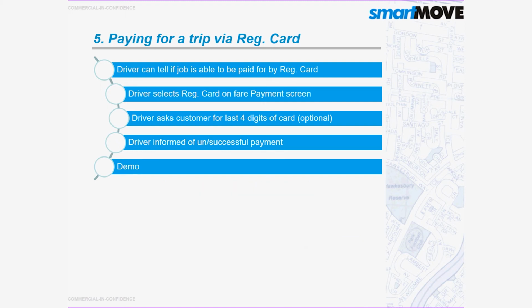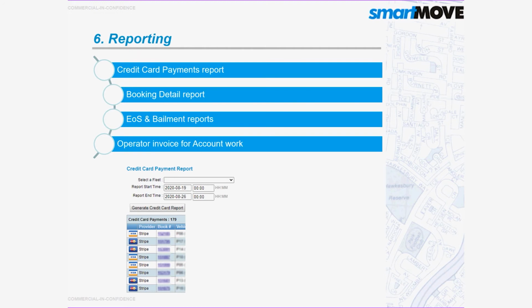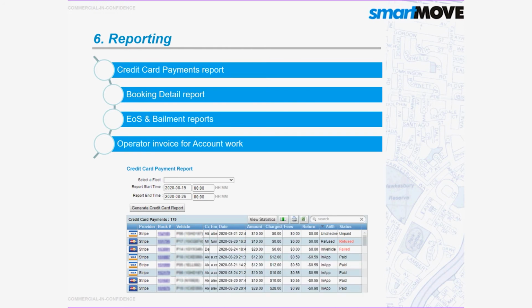What I've demonstrated in the previous slides were 2 methods that your customers are able to pay for a trip using a credit card. Now we'll briefly talk about what Stripe-related reporting is available to you within SmartMove. The credit card payments report lists all the jobs that could have been paid for with a credit card registered through the call center or via the app.